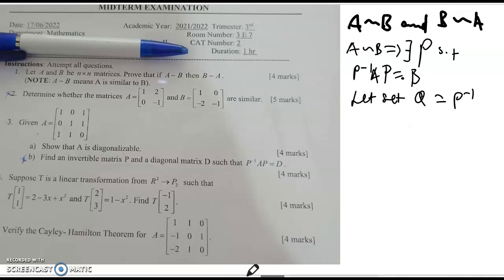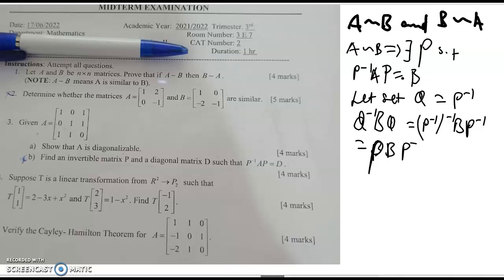If Q is equal to P inverse, this implies that Q inverse A Q is Q inverse of B Q, where Q inverse is the inverse of P inverse, and we know inverse of an inverse simply gives us P. This is why we say that linear algebra is pure mathematics. So this gives us P B P inverse.